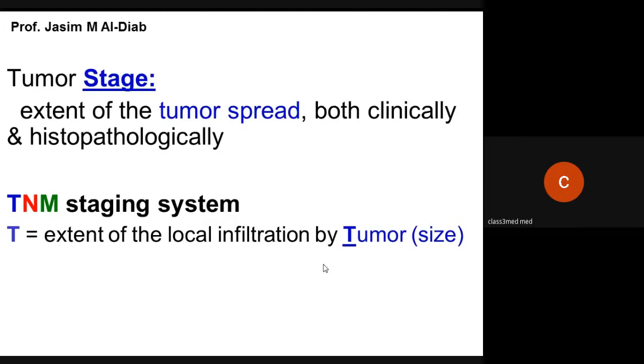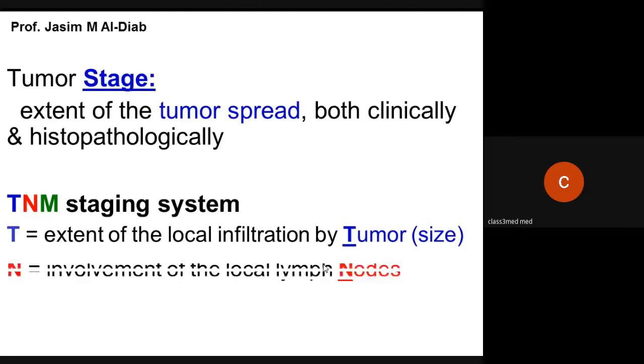When it invades outside the bladder, we call it T3. Right? So in some tumors, we use the extent of the local invasion, and in other tumors, we use the size of the tumor. It is the same thing. The more the extent of extension increases, the more the size of the tumor increases. Clear? So this is the T parameter.